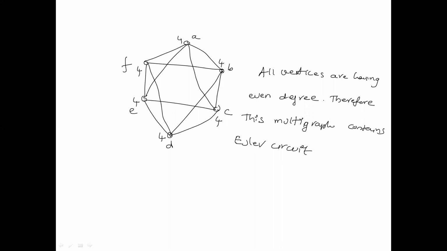If a graph contains a Euler circuit, then the graph is called Eulerian multigraph.